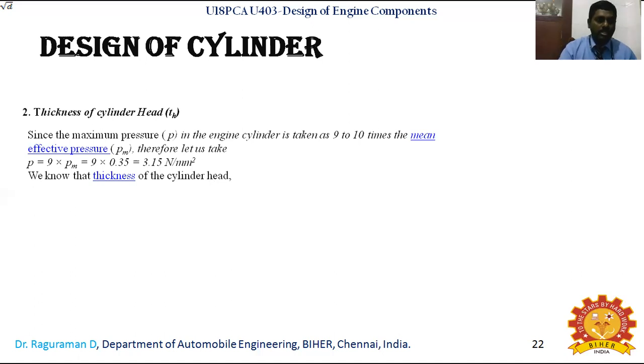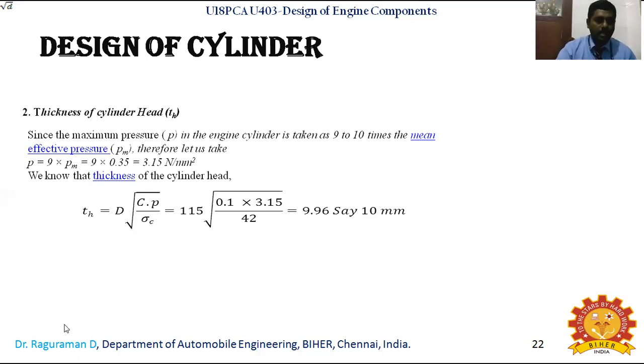We know the thickness of the cylinder head has the formula TH equals D square root of C into P by sigma C. Now we substitute. We already calculated the D value as 115 mm in the first step. The C value we take from the table, as already said in the design procedure.